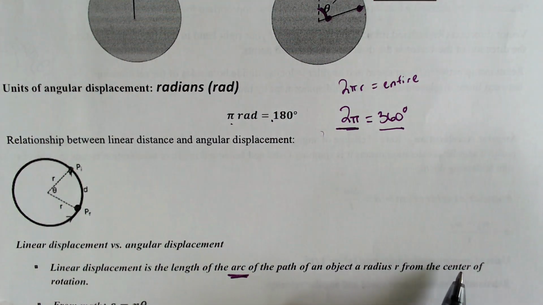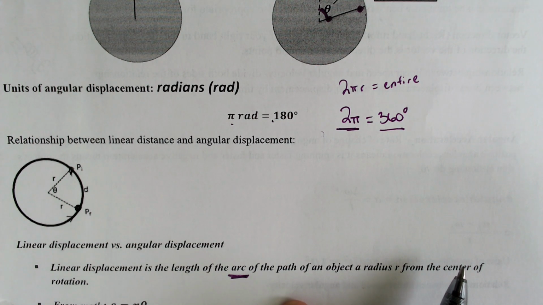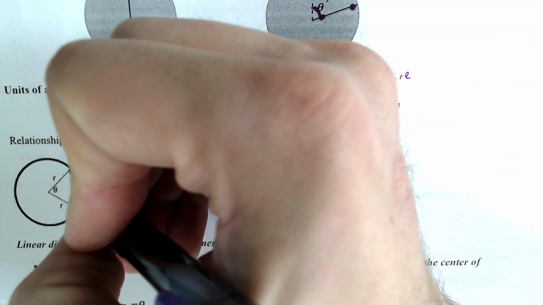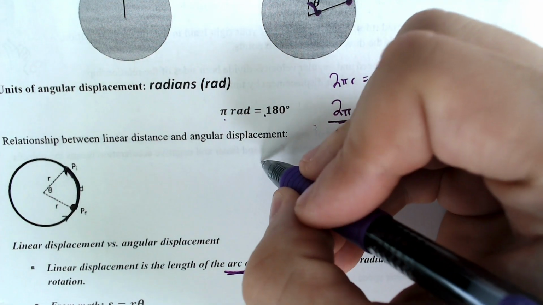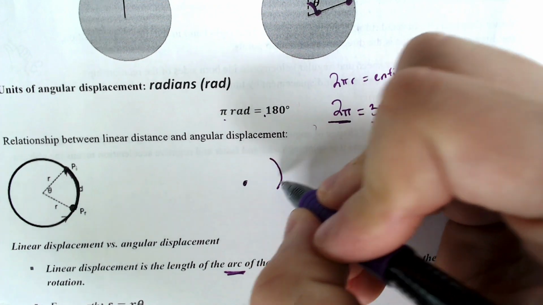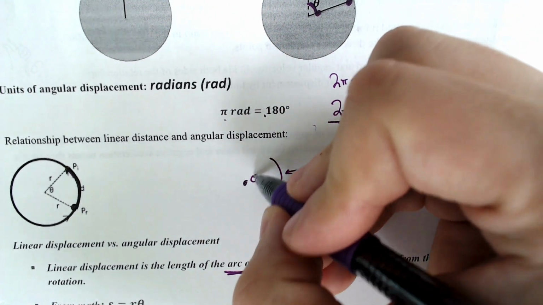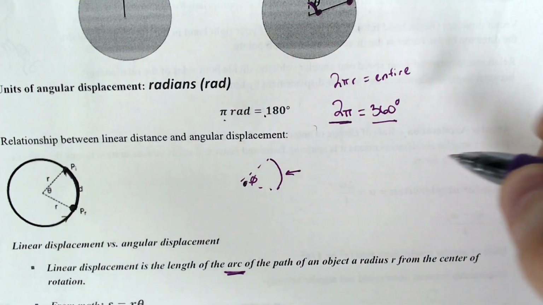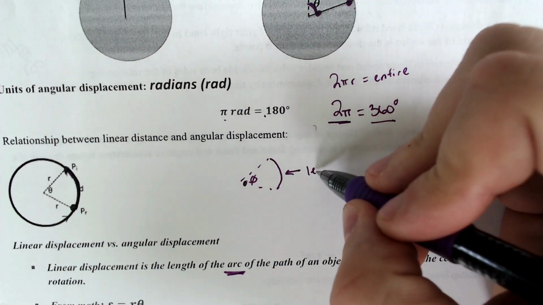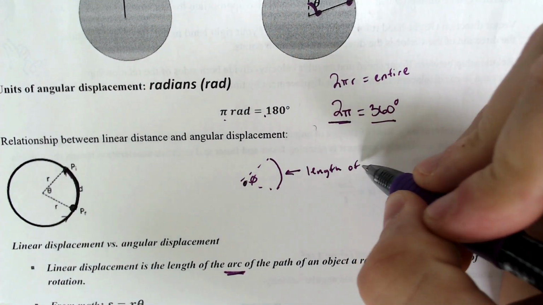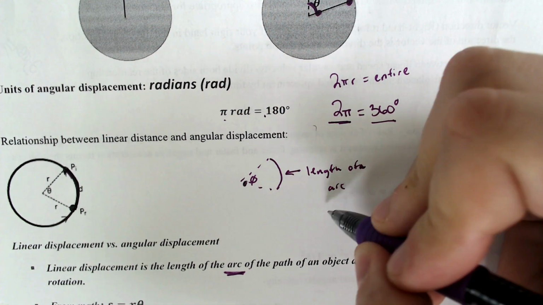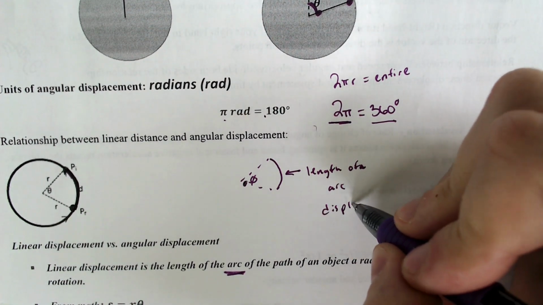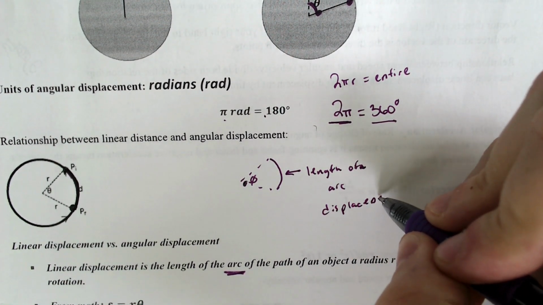But when we're dealing with rotational kinematics and rotations, we are actually referring to the outside edge. So this arc on the outside. Whatever that arc on the outside is, that part is what we are referring to for our length of the arc and actual linear displacement, whenever you're dealing with these problems.